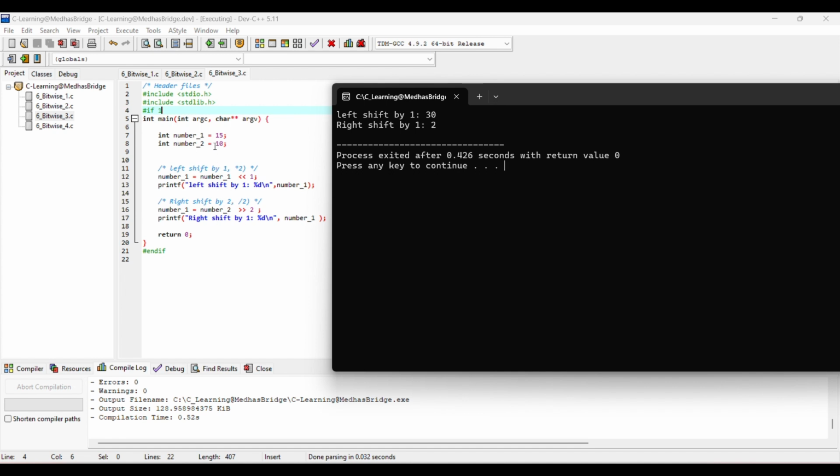I have 10 right shift by 2, and for one shift we divide by 2. 10 divided by 2 is 5. The 5 again we have to divide by 2, right? So 5 divided by 2 becomes 2. The quotient is 2, the remainder is 1, but we only take the quotient value. So that is how left shift and right shift operations are used with bitwise for multiplication and division.